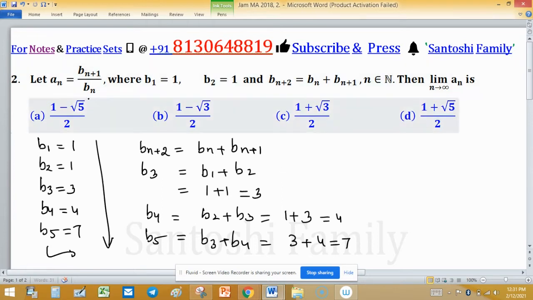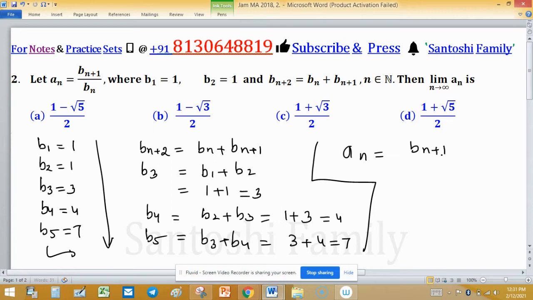Now a_n is given by b_(n+1) divided by b_n.